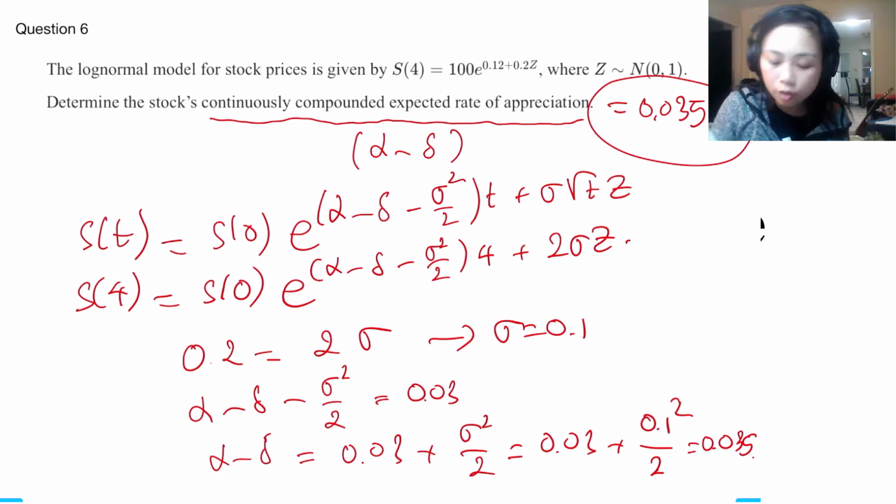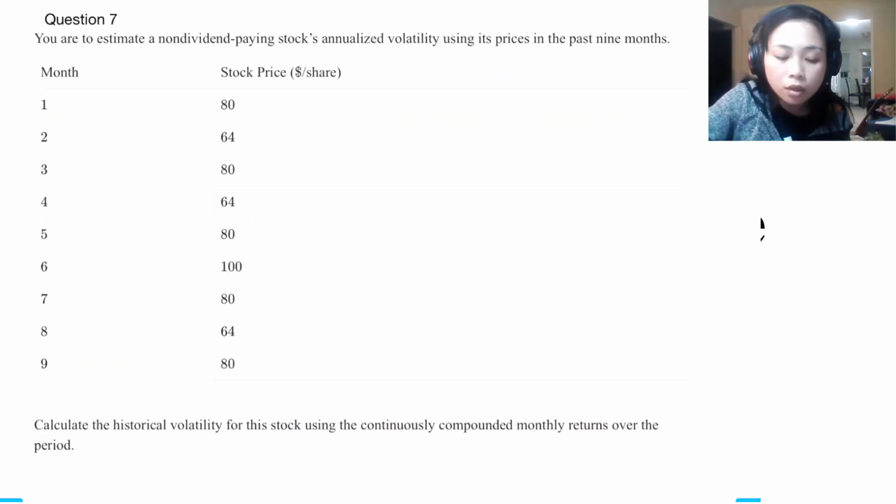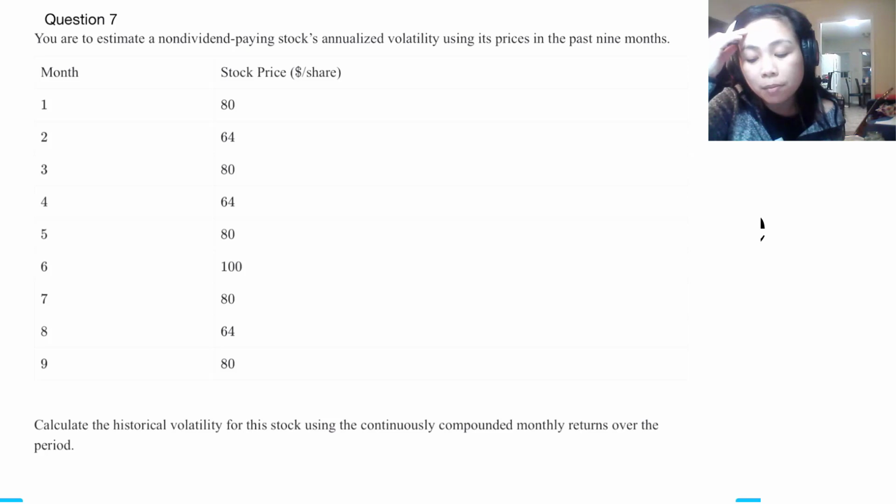First of all, the time step. The time step here is not a year but a month. That means h, the time length, should be 1/12.